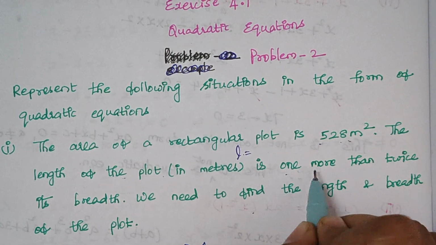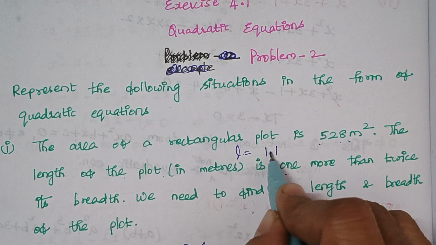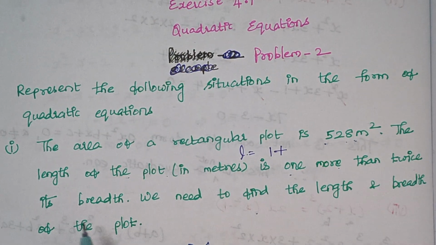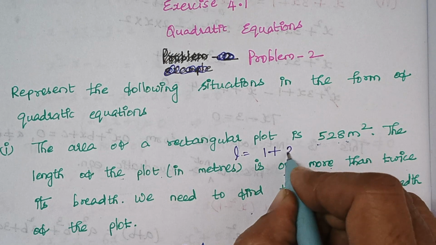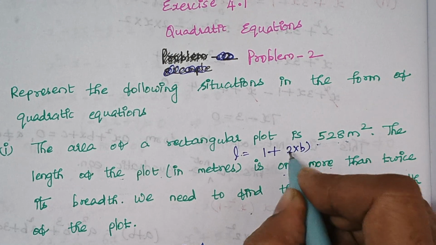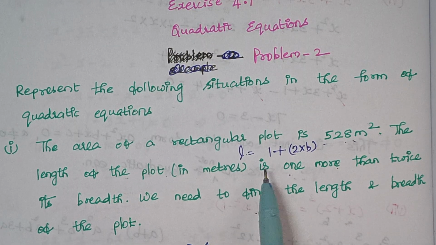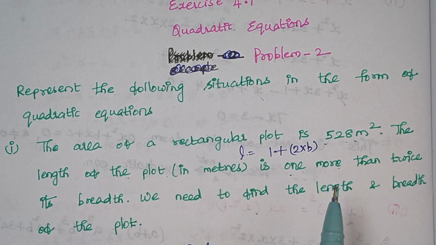What do you mean by 1 more than? More than denotes a plus. So 1 plus twice its breadth. Twice its breadth means 2 times the breadth. So this is the key relationship between the length and the breadth.